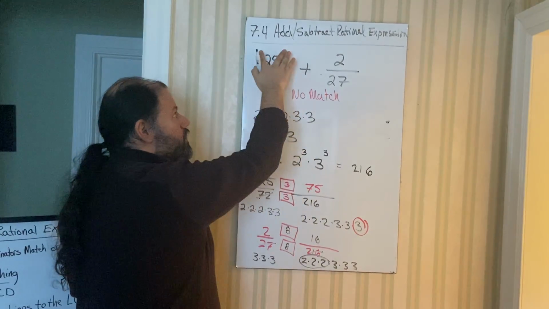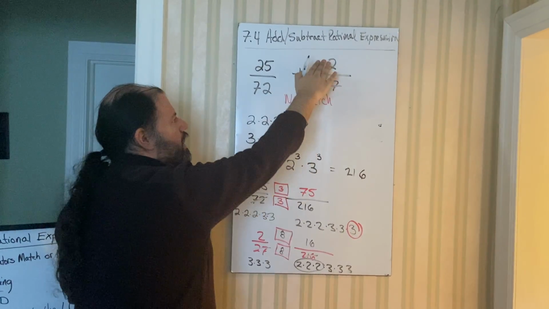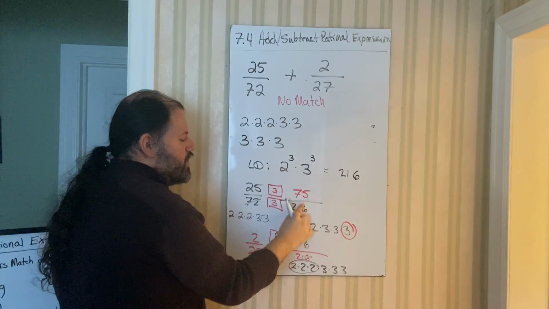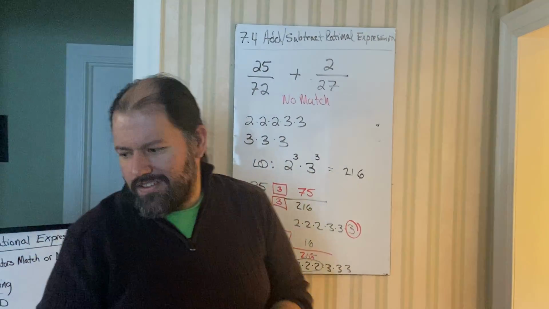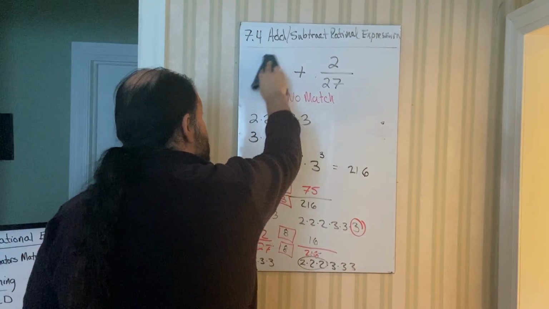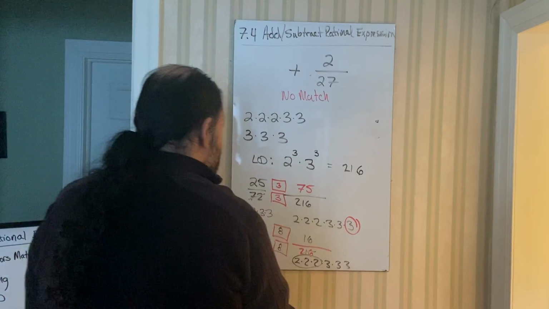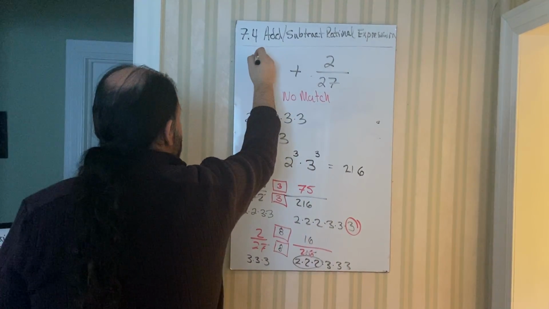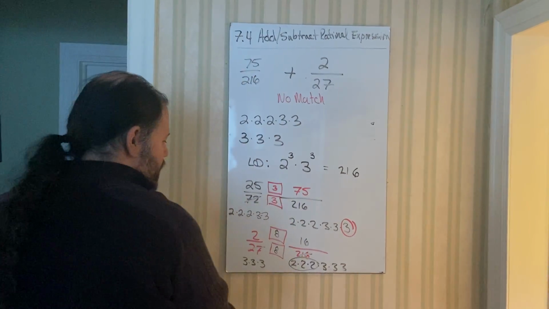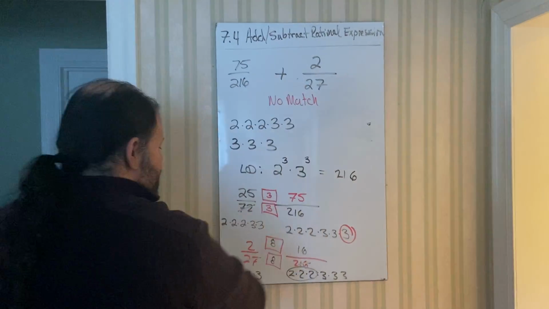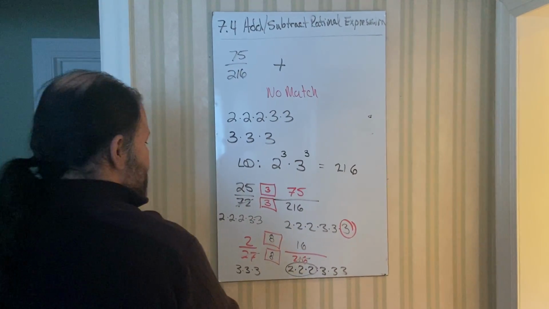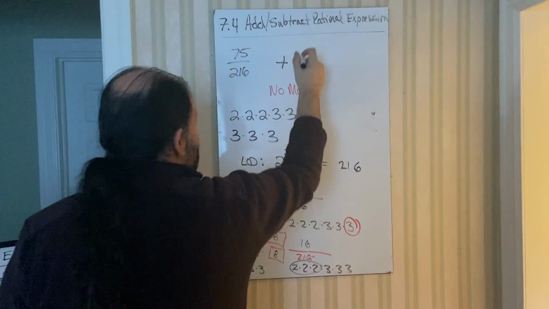So instead of using 25 72nds and 2 27ths, let's use the equivalents that we just found here. I'm going to erase and say, hey, this 25 72nds is the same thing as 75 over 216. Instead of 2 27ths, we found that its equivalent is 16 over 216.